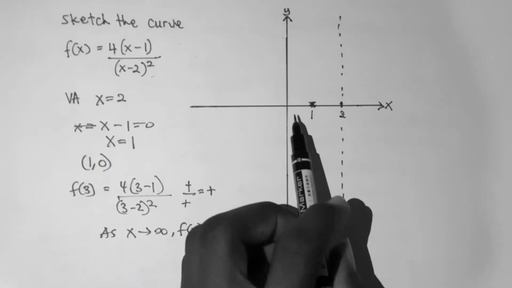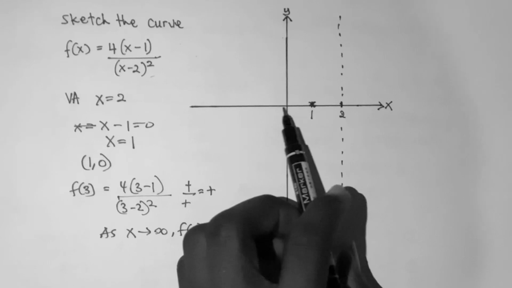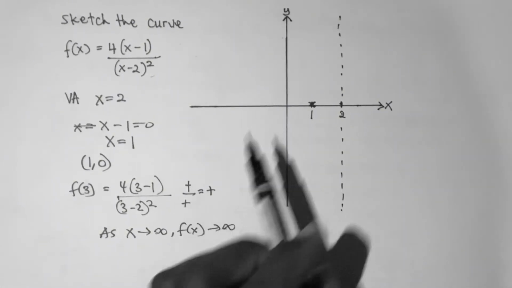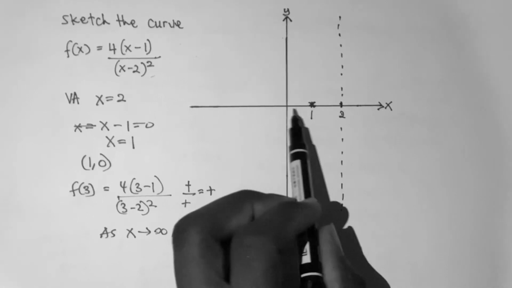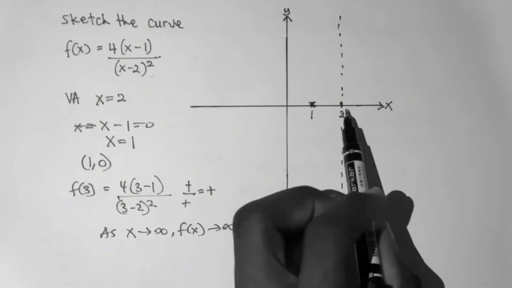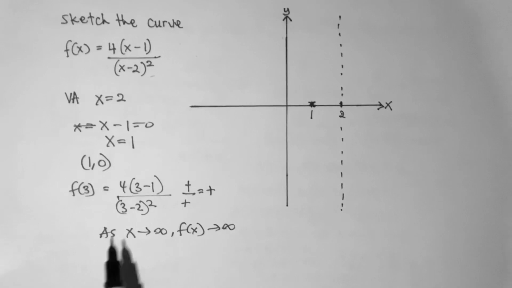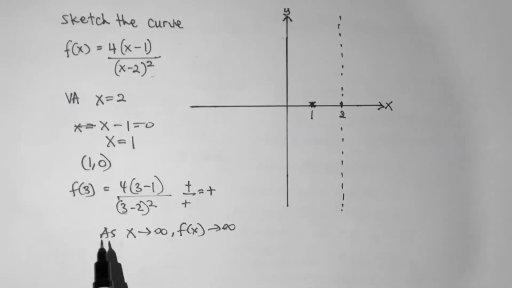The next thing is to also find the nature of the graph at values less than 2. So let's take something like 1.5. What is f of 1.5?